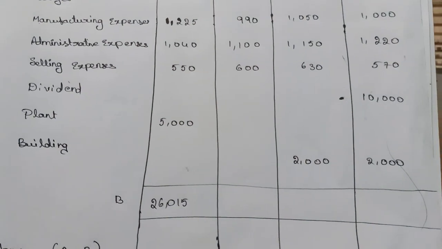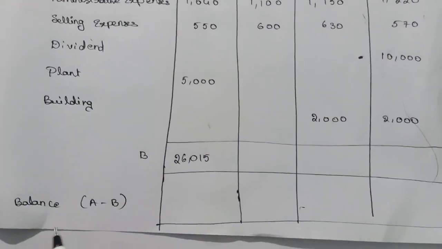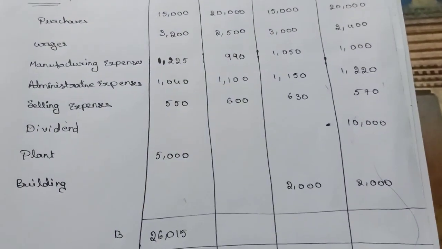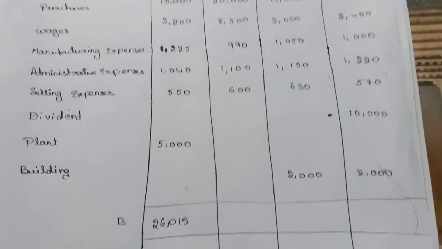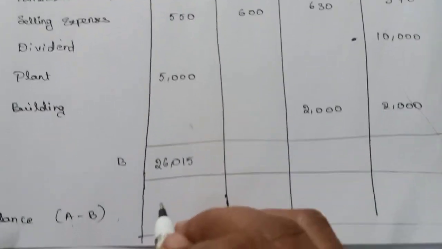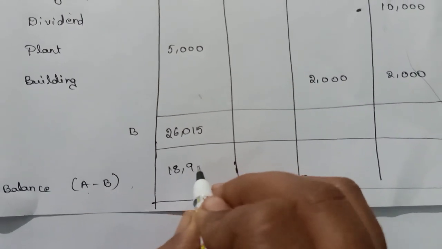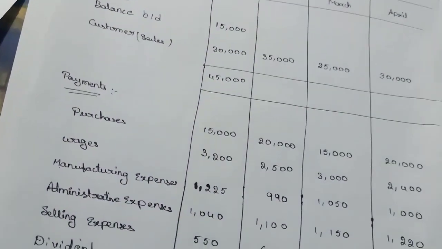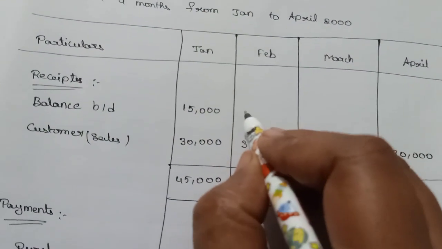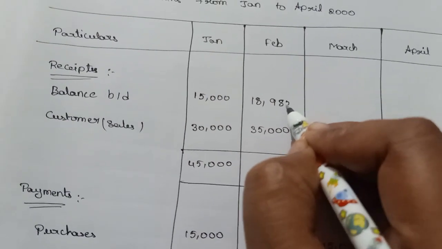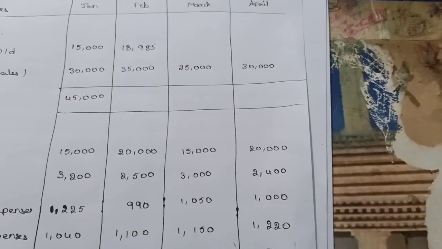Now we have to make the subtraction A minus B. What is the amount of A? 45,000. So 45,000 minus 26,015 is equal to 18,985. So this is the closing balance for January and opening balance for February. So what is the opening amount for February? 18,985 is the opening.